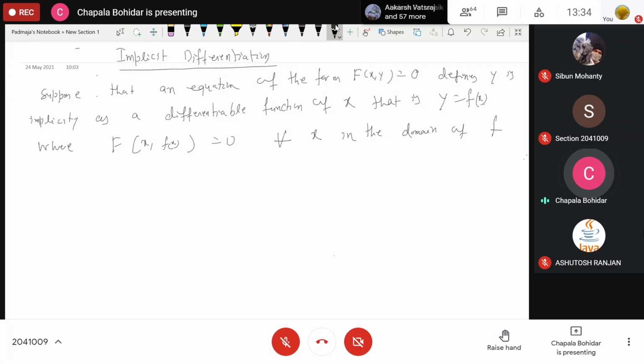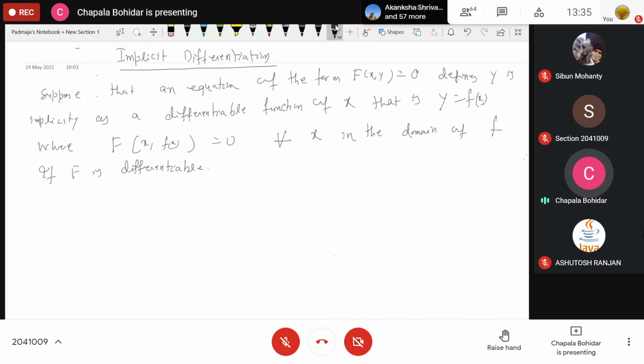If f is differentiable, we can apply the chain rule of case 1.